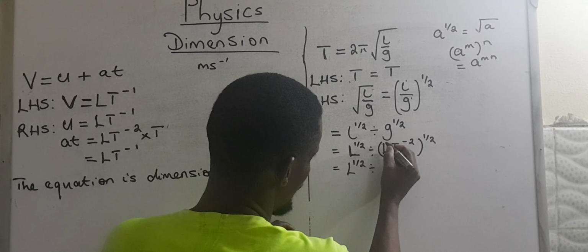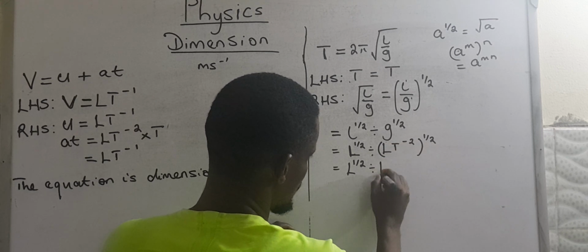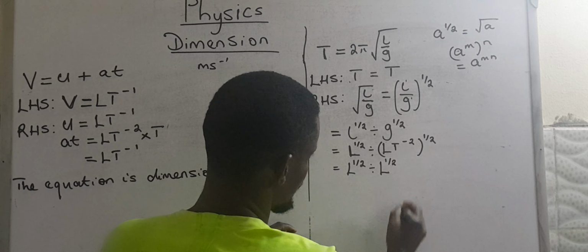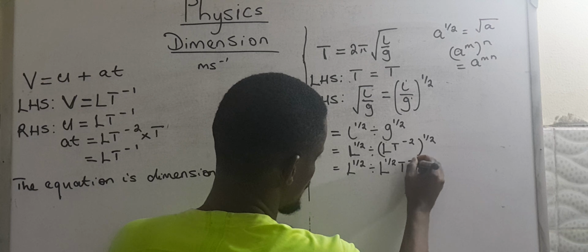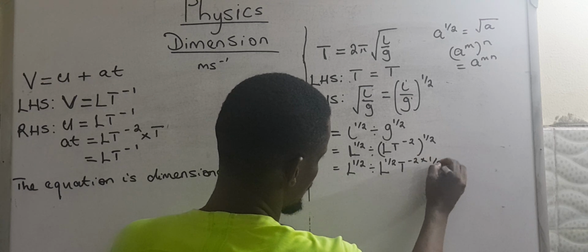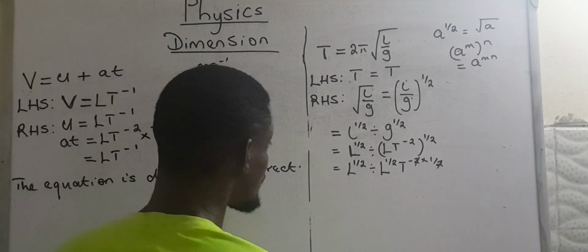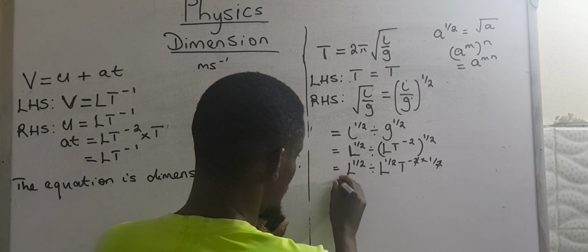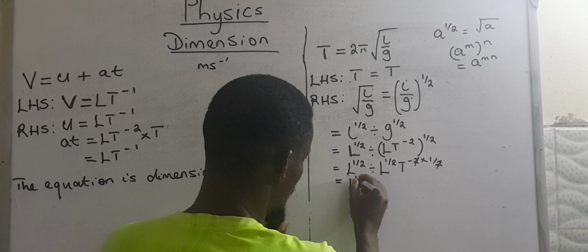What is the power of L here? It is 1. 1 times 1 over 2 is 1 over 2. So I have L to the power 1 over 2. I also have minus 2 times 1 over 2. So this becomes L to the power 1 over 2.